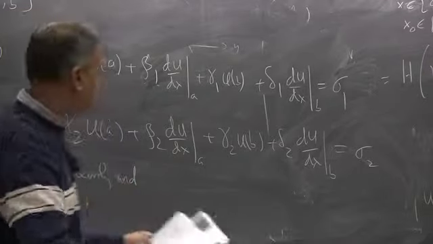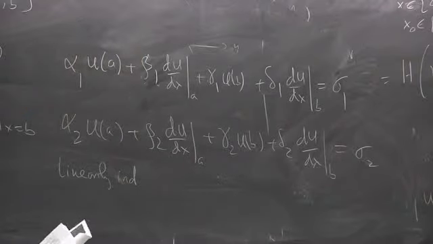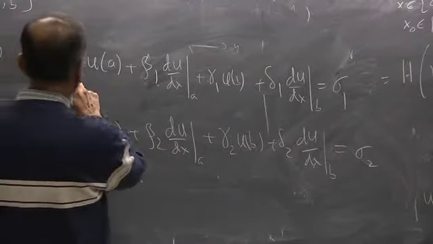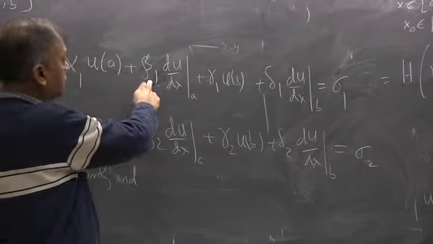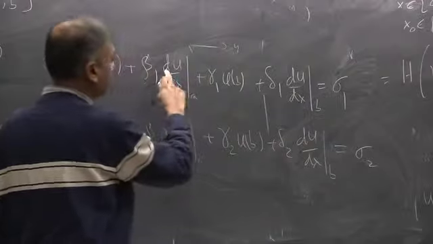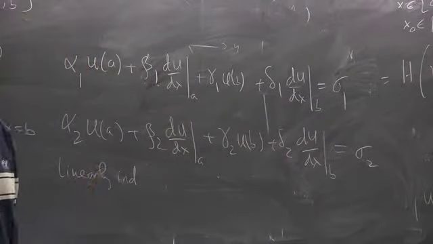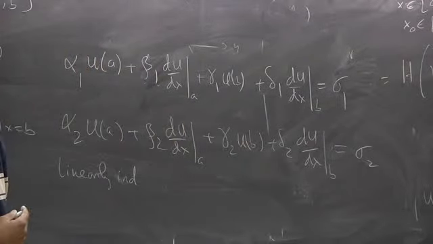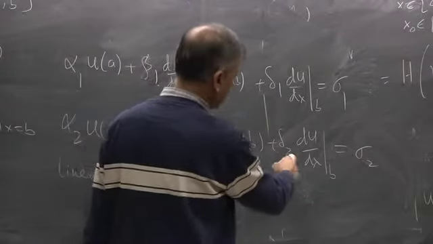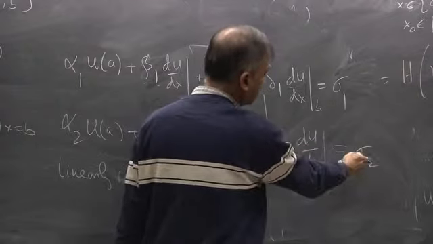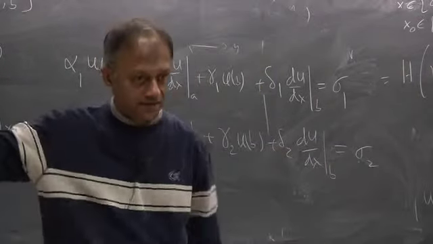Or if you want Neumann, it's called the Neumann boundary condition. You can choose, for example, all these 0 and that 1. And say sigma 1 is also 0, then that tells you du by dx equal to 0 at x equal to a, right? And similarly, if you choose these three 0 and that one not 0 and sigma 2 is 0, it will tell you du by dx at the other endpoint is also 0.